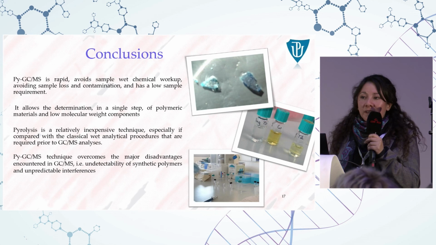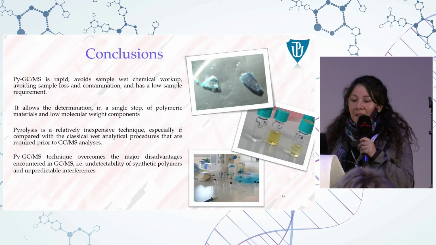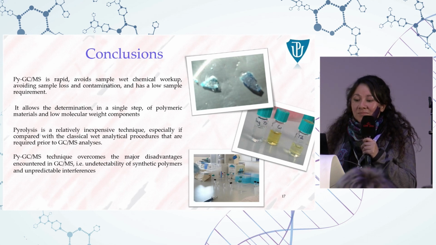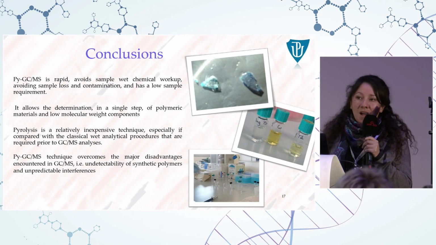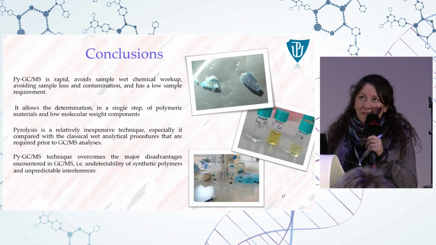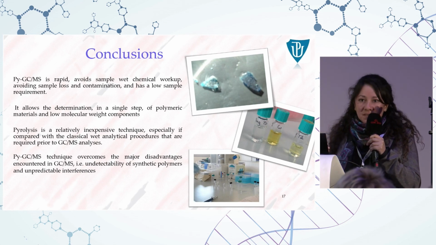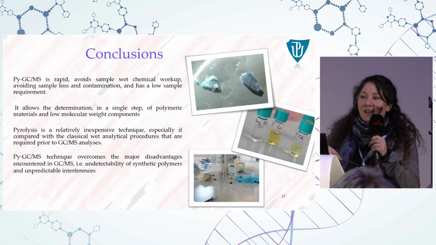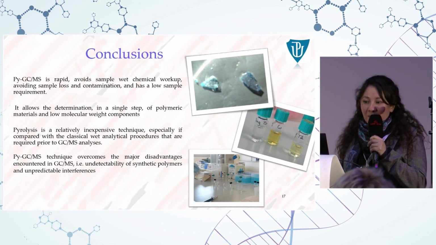Compared to the wet treatment, it's much less expensive. And it also overcomes the disadvantages of the wet procedure, because some interferences can hinder the interpretation and the analysis of these molecules.